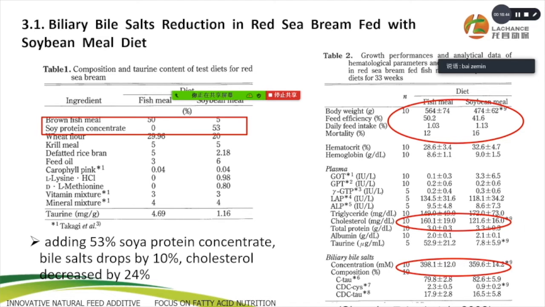Definitely, we found that if the feed has more than 40% soya protein replacing fish meal, and we don't add bile acid, the growth rate will drop, which is similar to this one. Okay, we will optimize the concentration, and there is so much work to be done.